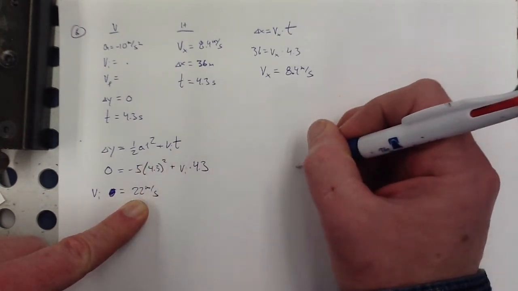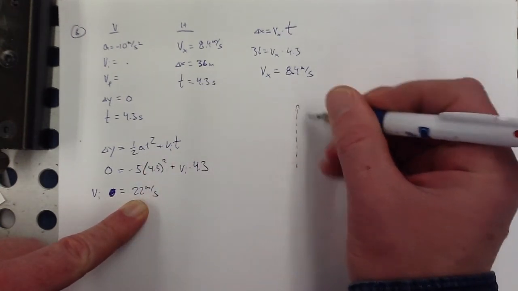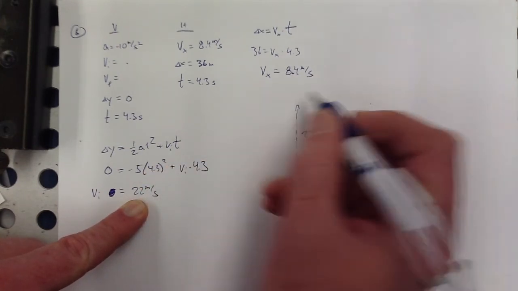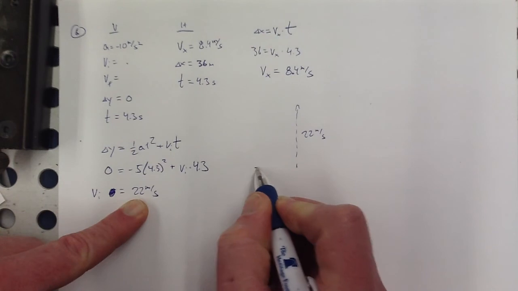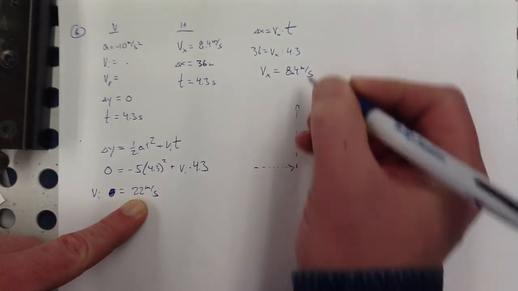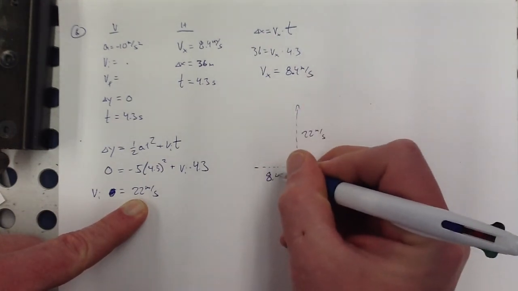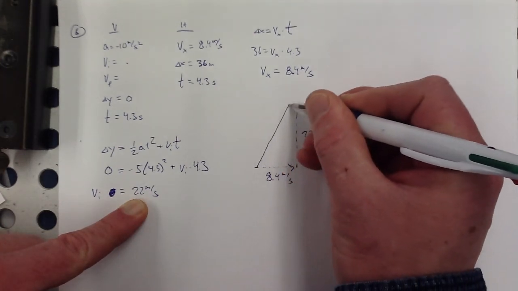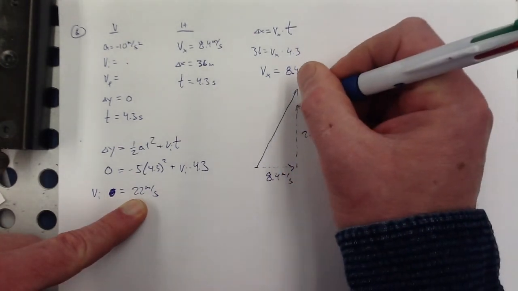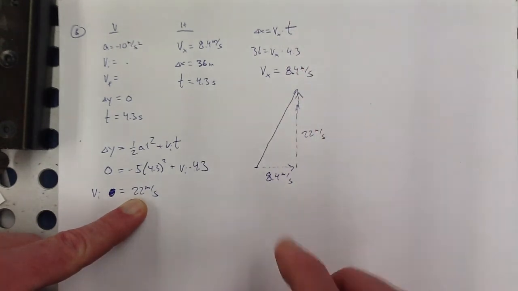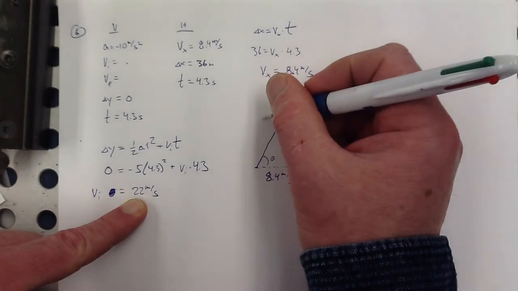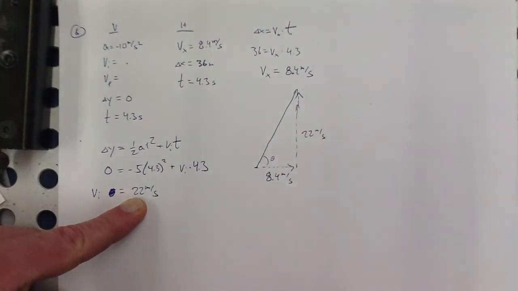So here, that's my VI, my initial vertical velocity, and this is my horizontal constant velocity. And we have those two. Sorry, came up a little short there. And I want to find the angle, and I want to find how fast it was launched.